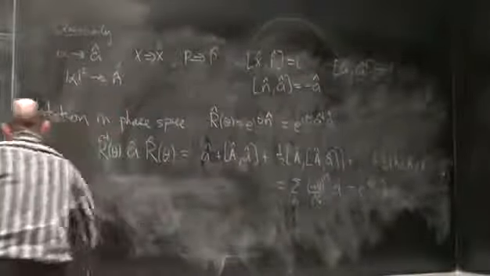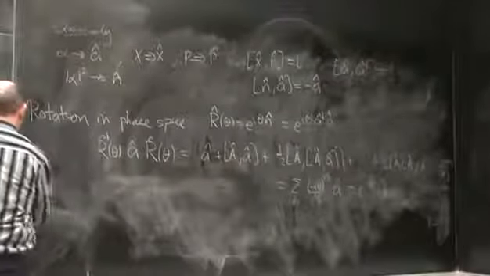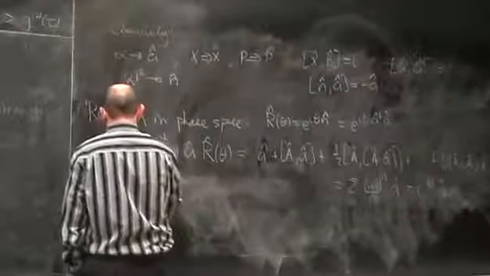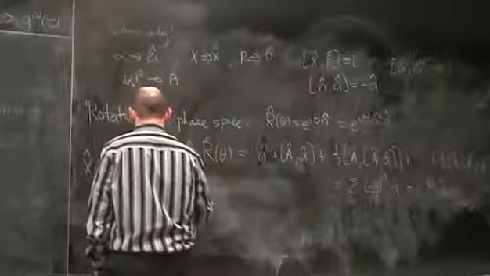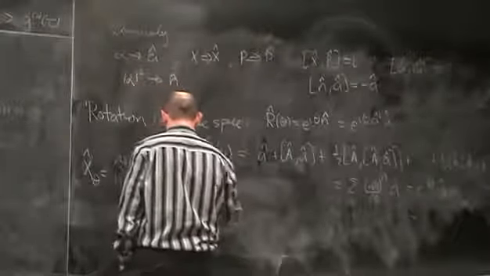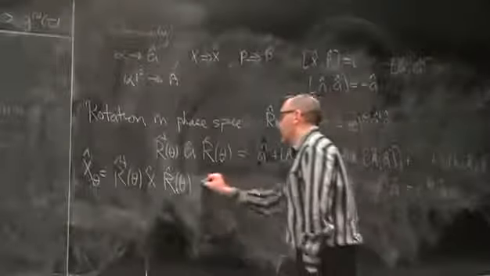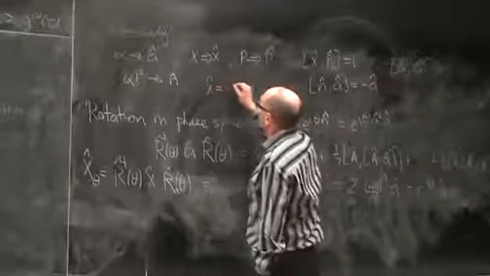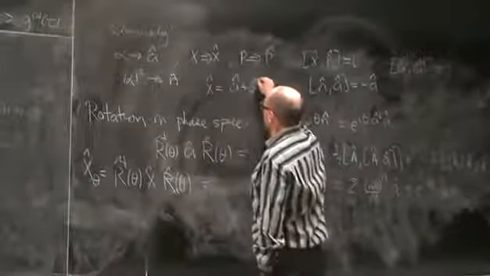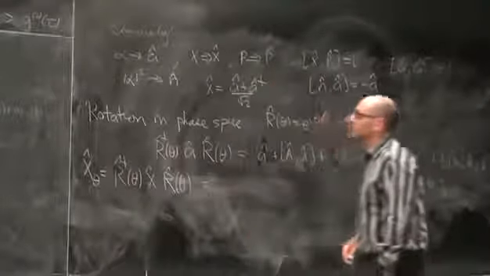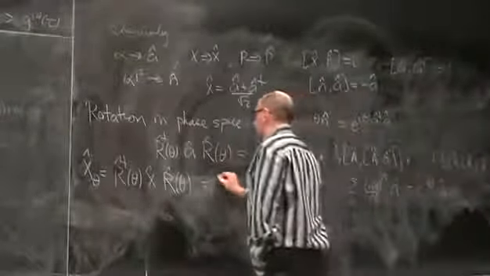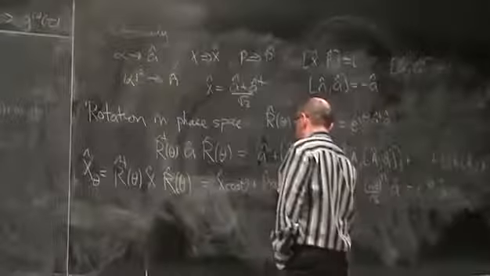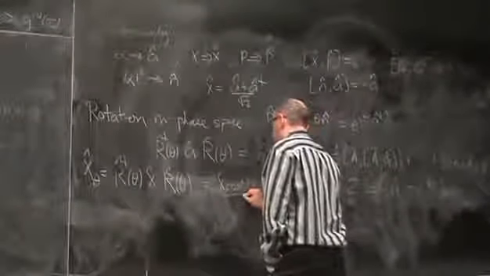that, then we have that the rotation, let us define x sub theta as the rotation operator acting on x. Do the conjugation and using x is equal to a plus a dagger over root 2, then this is equal to x cos theta plus p sine theta.